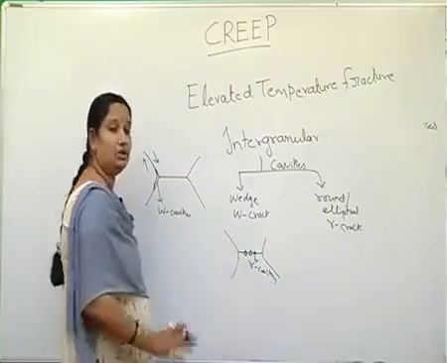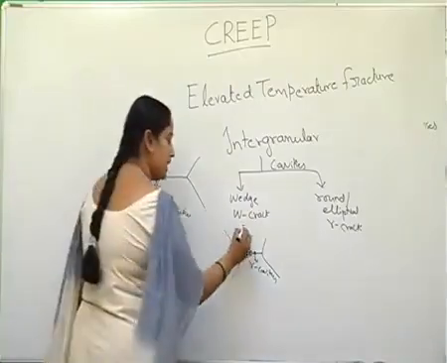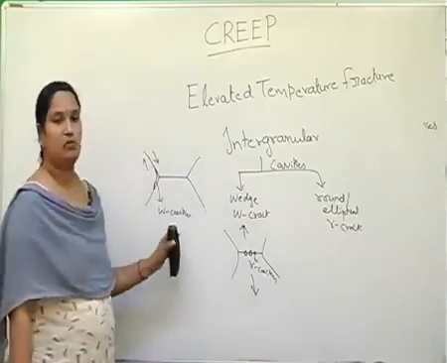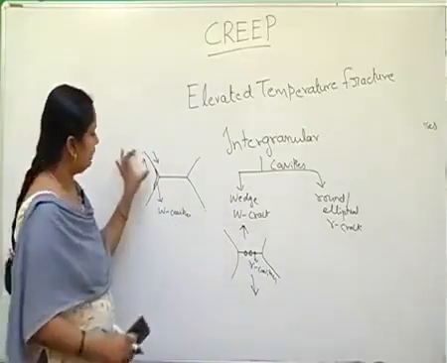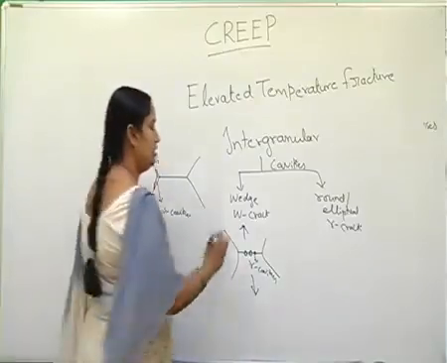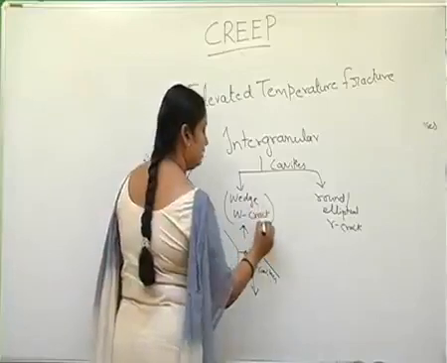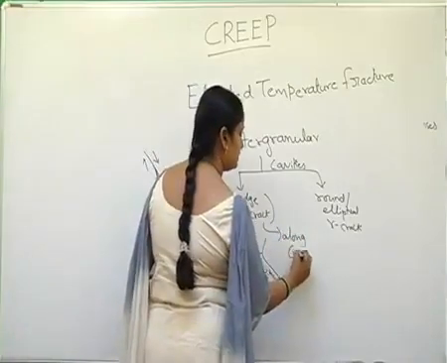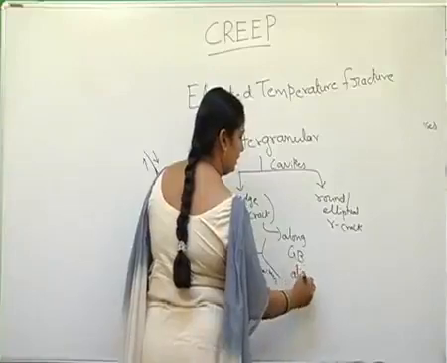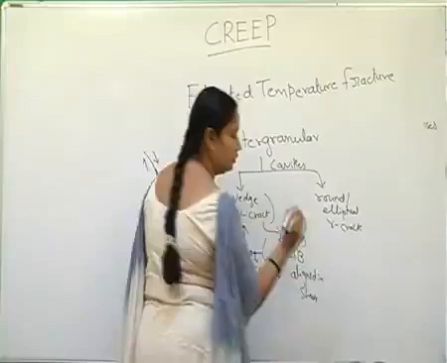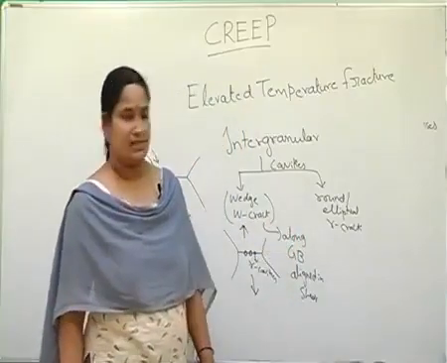They form along the grain boundaries which are aligned in tension. And W type cavities are formed along the grain boundaries which are aligned in shear, and they occur during grain boundary sliding.